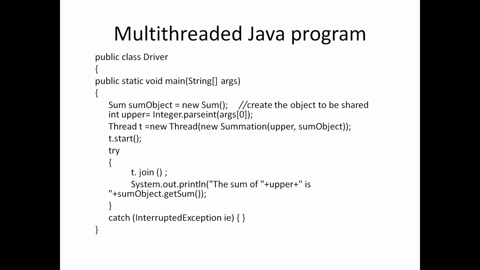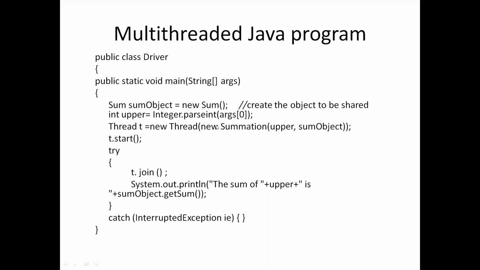Now that string 3 needs to be converted to an integer, so we use the Integer wrapper class, which consists of the parseInt method. We use the Integer wrapper class to convert the string into an integer.